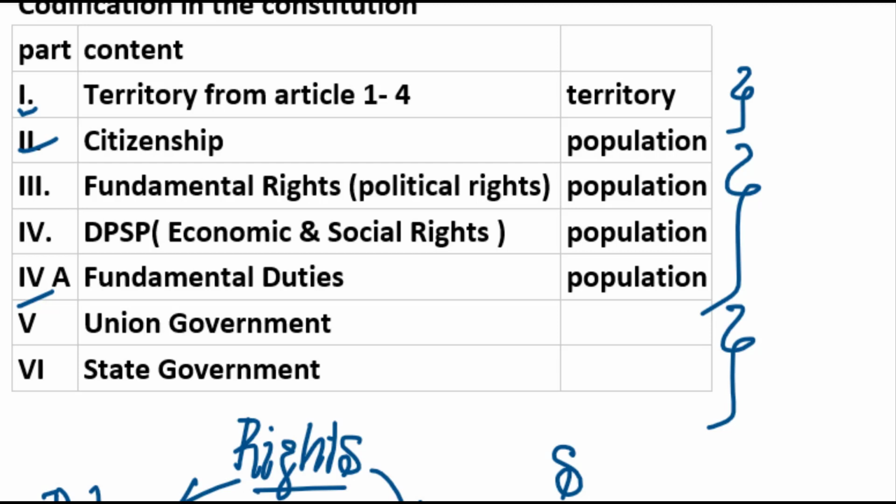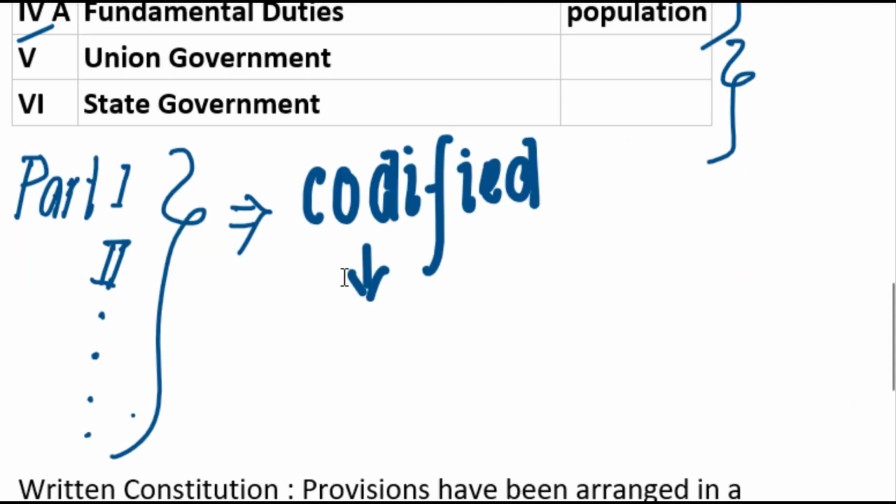So the parts of the Constitution have been codified. So this systematic arrangement is what we mean by being codified.